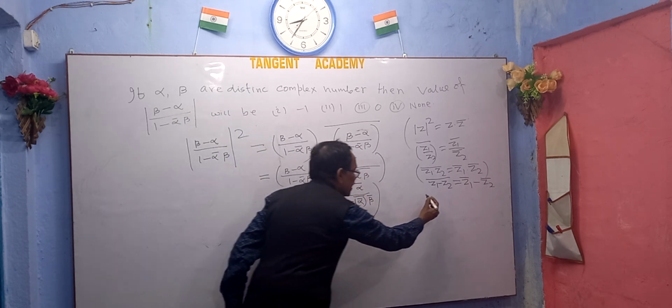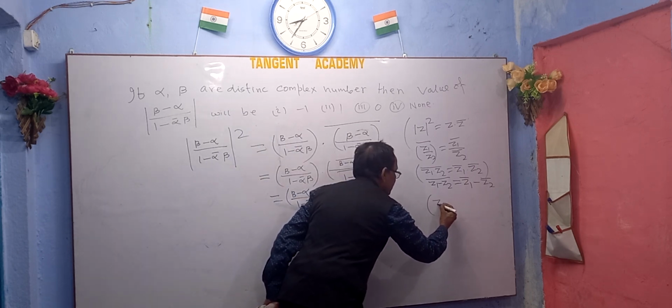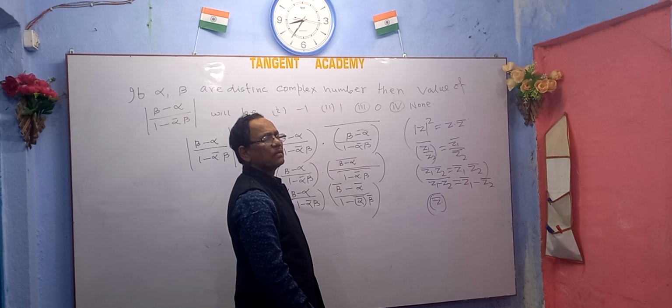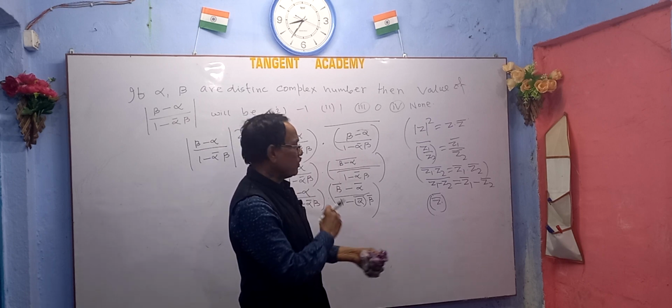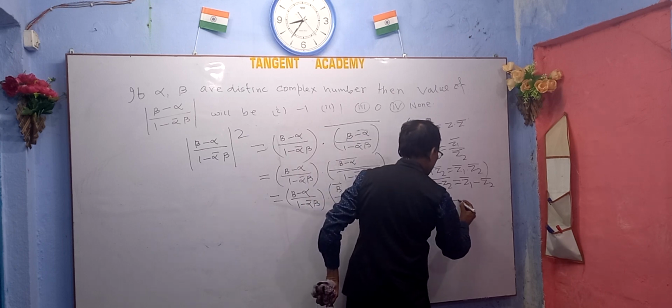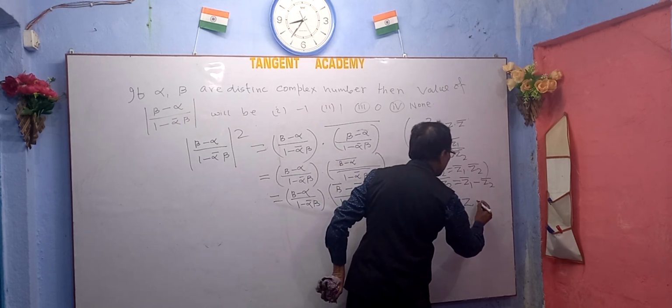And we have already seen that the conjugate of a complex number's conjugate is also equal to the complex number itself.